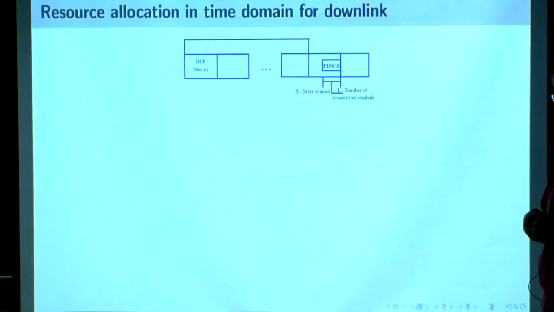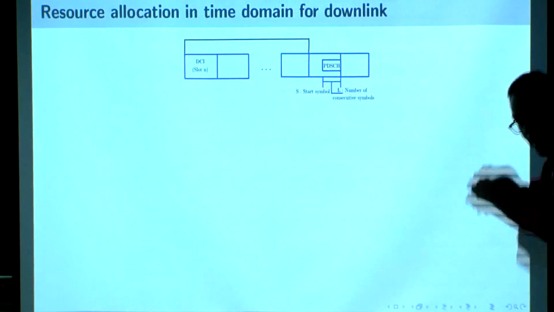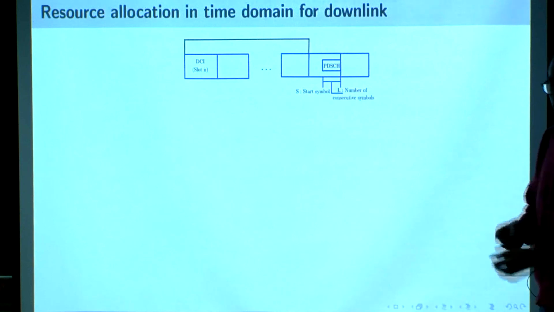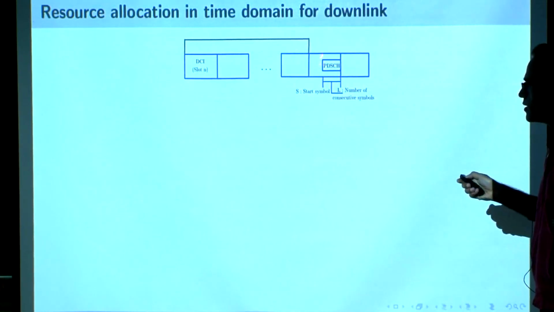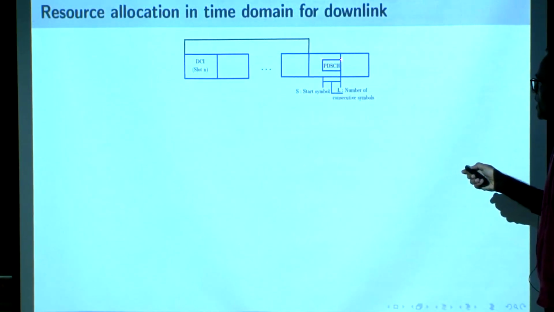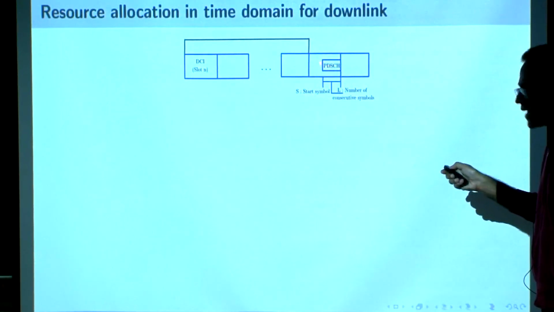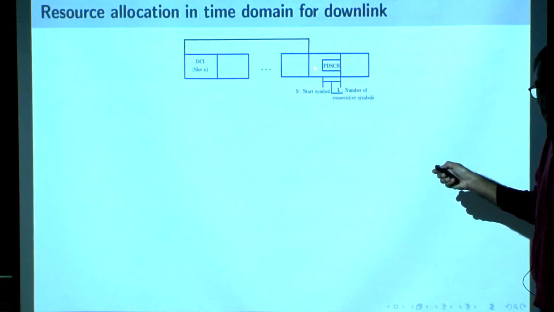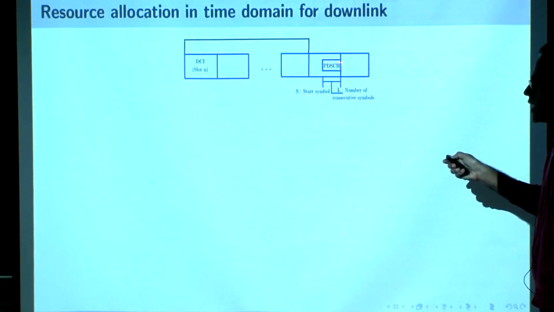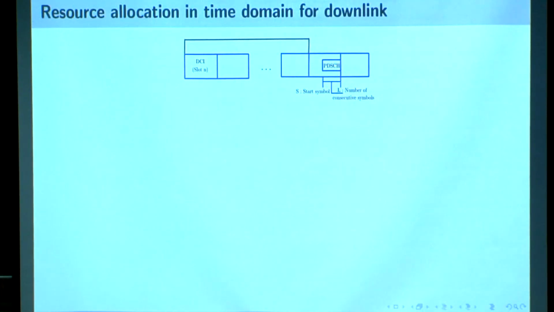In that slot where the data is located, there is a start symbol S, and the data will come for L contiguous symbols after this. So that's how the data is scheduled in the time domain.